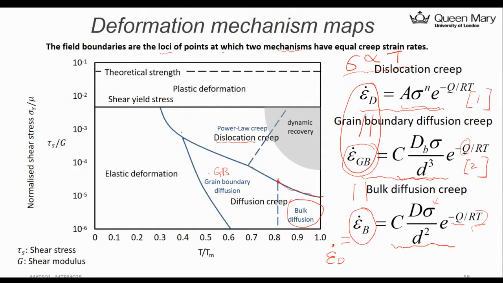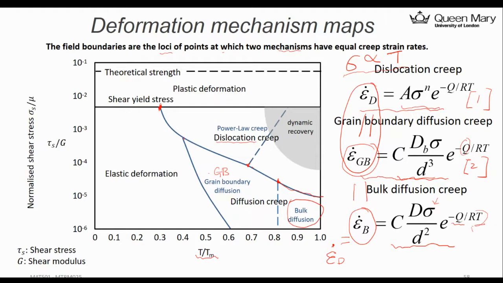So when you draw it, there's some activation temperature at about 0.2 T over Tm. And this line is basically a nonlinear line coming to around here. And there's a dashed line which divides the power law creep from the dynamic recovery.